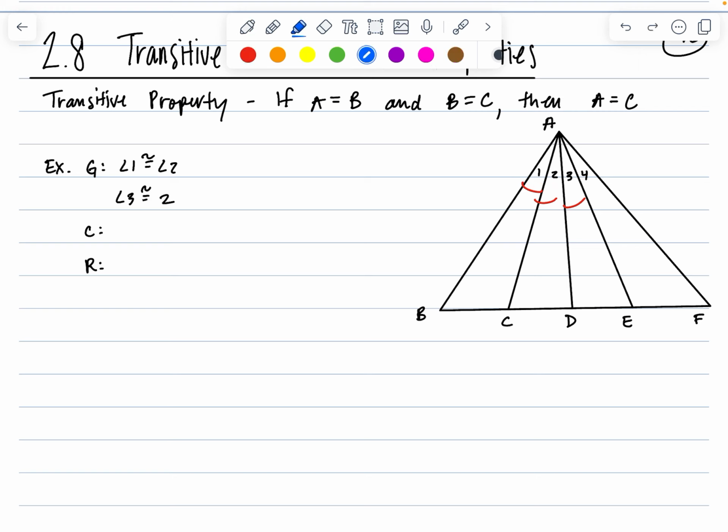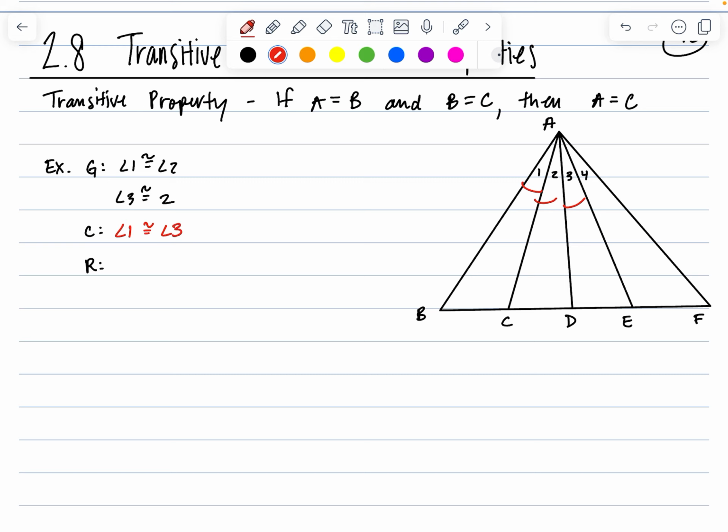So this is kind of like connecting the dots. 1 goes to 2, 2 transfers over, 2 goes to 3, and then ultimately we get some kind of linearity. Where do you start and where do you end is how I like to look at it. So we could ultimately say angle 1 is congruent to angle 3.